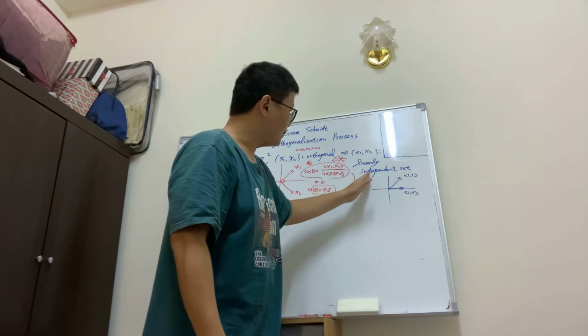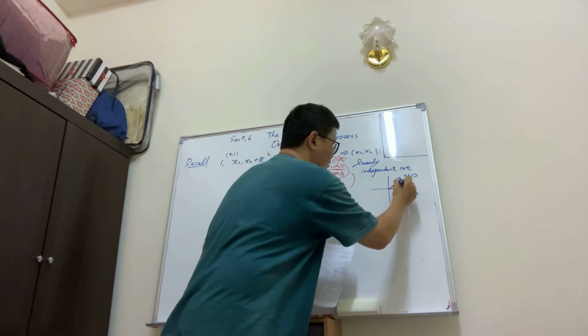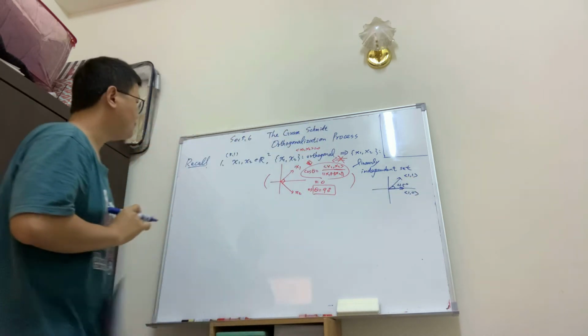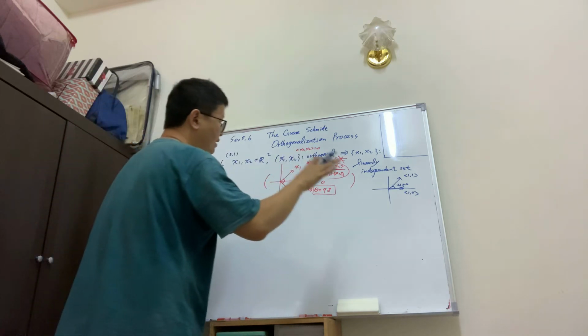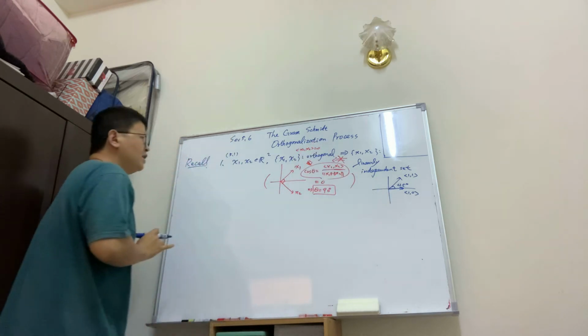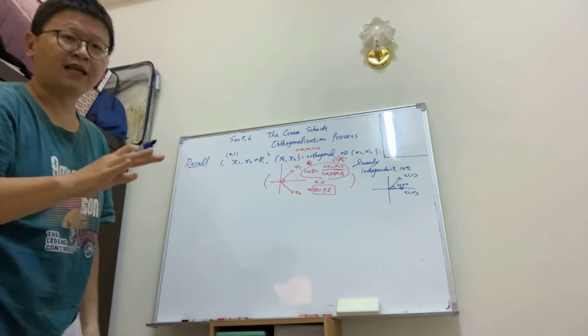So they are linearly independent. But the angle is 45 degrees, not 90 degrees, so they are not orthogonal. If you check their inner product, it does not equal 0. So a linearly independent set is not necessarily an orthogonal set.